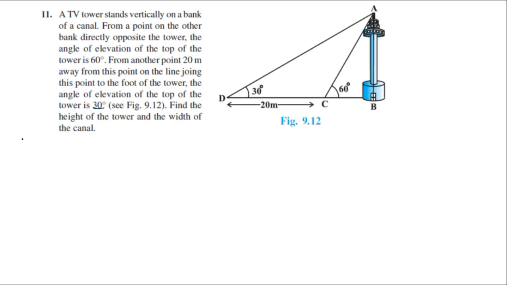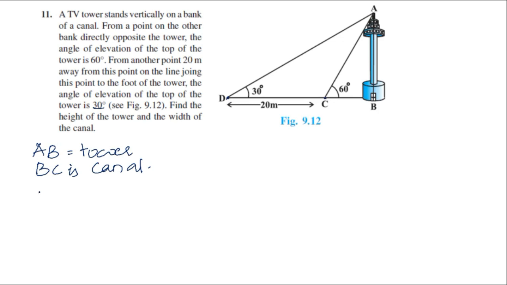Here, observe the figure. AB is a tower. BC is the canal. There are 2 points from where the top of the tower is viewed with angles of elevation 30 degrees and 60 degrees respectively.